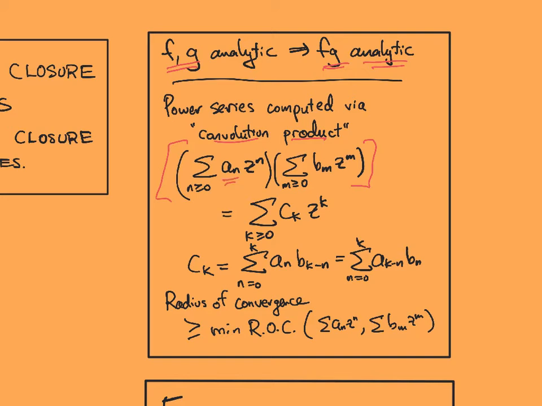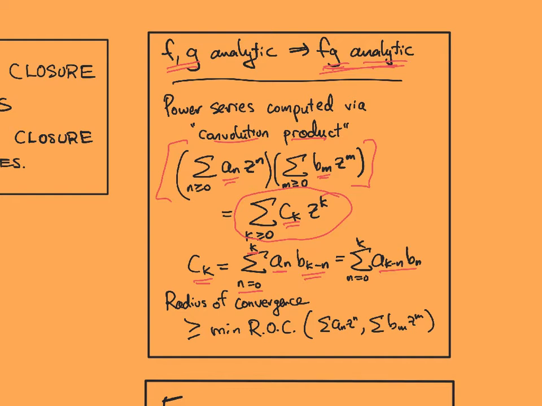So if I have a power series built out of a_n's and a power series built out of b_m's, then the c_k coefficient of the product power series, which I know to be analytic by the above, is given by this formula. So I'll sum from n equals 0 to k of a_n times b_{k-n}, or you can switch the order in the formula and get the same thing.